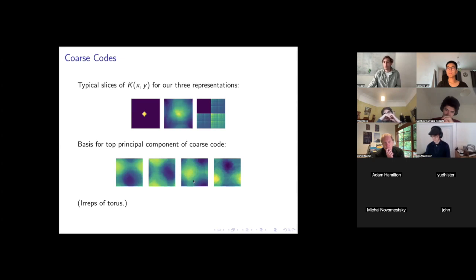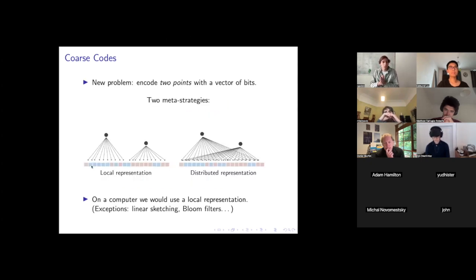So the first 4 will be these nice combinations of sine in one dimension, sine in another dimension. So when you do PCA on an embedding and you see, oh, I have circles or a manifold, a coarse code is one very natural way to get that. Okay, so that's coarse codes.